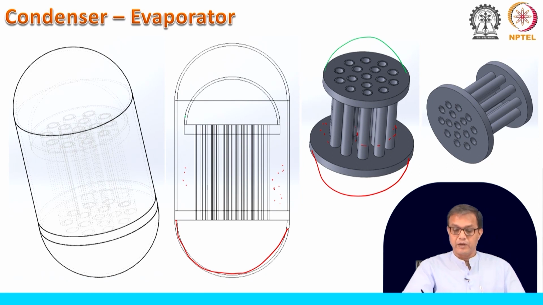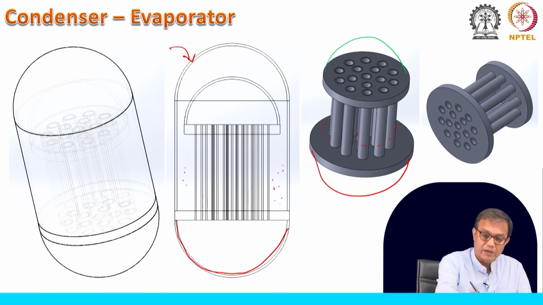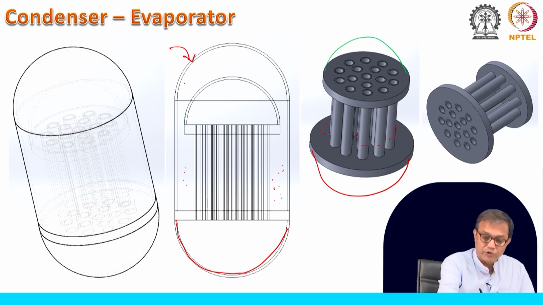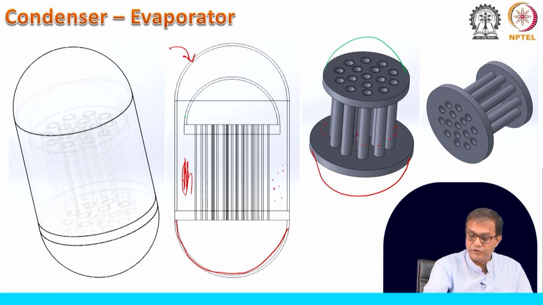nitrogen, which was poured in from here in the Linde-Brand process. We said that we are putting liquid nitrogen, so this is filled in with the liquid. That means all these tubes were basically cooled by the liquid nitrogen.